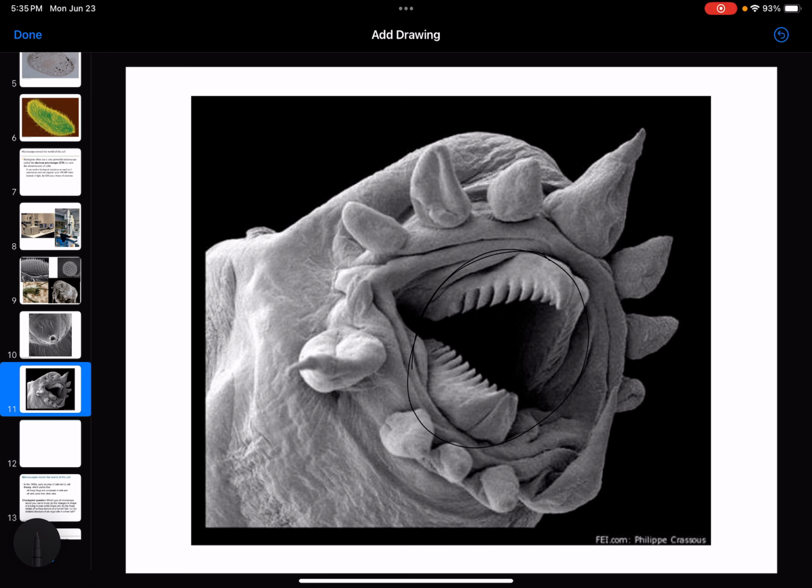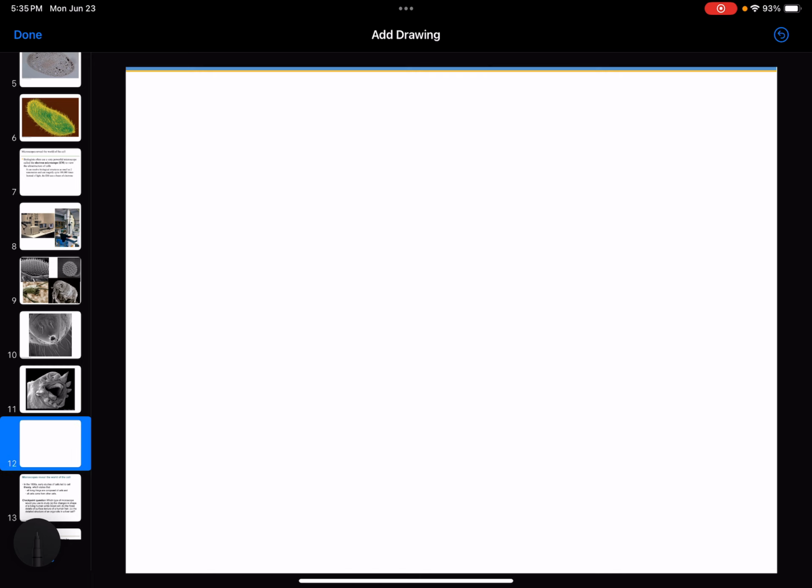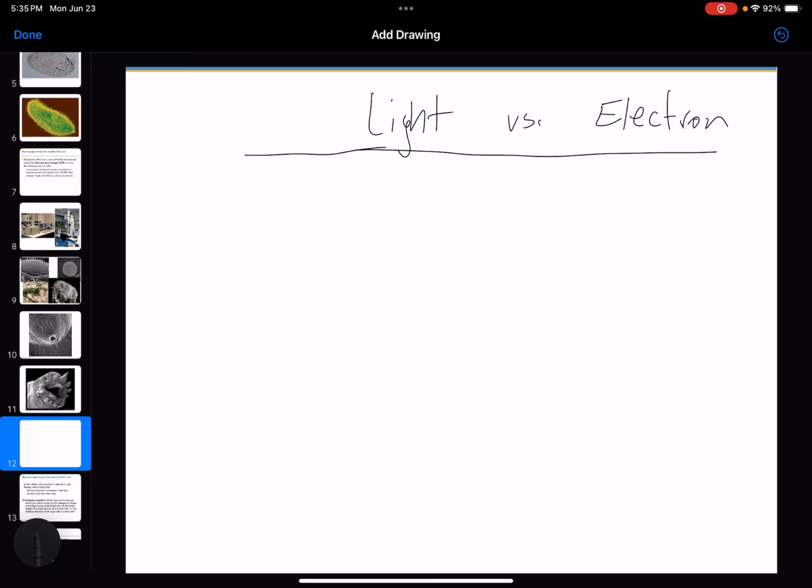Very cool. Okay, so let's do a comparison of the two types of microscopes that I've discussed. We'll compare the light microscope versus the electron microscope, and then we're going to discuss two types of electron microscopes. First we talked about the energy source, so that's going to be easy. This is light.